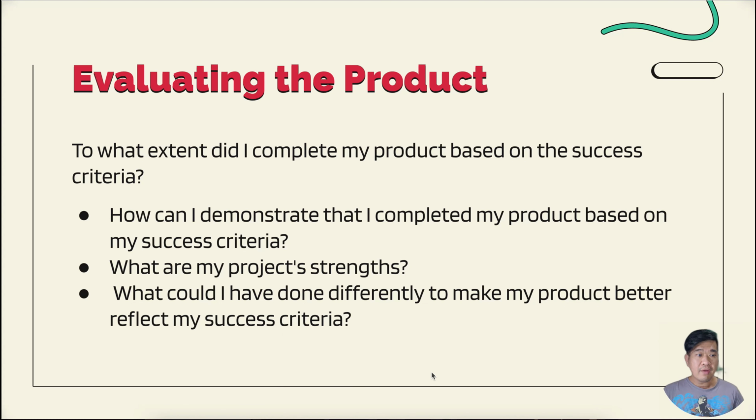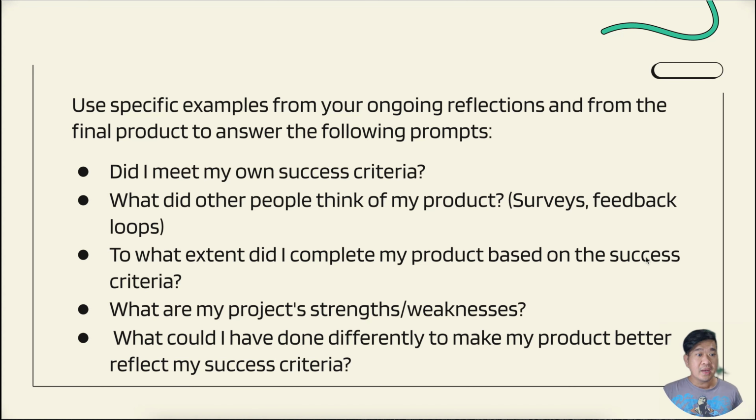Now, when you are evaluating the success criteria, here are some questions that you need to look into. Demonstrating the completed product based on the success criteria. What are the project's strengths? What have you done differently to make it better? Here are some example questions.